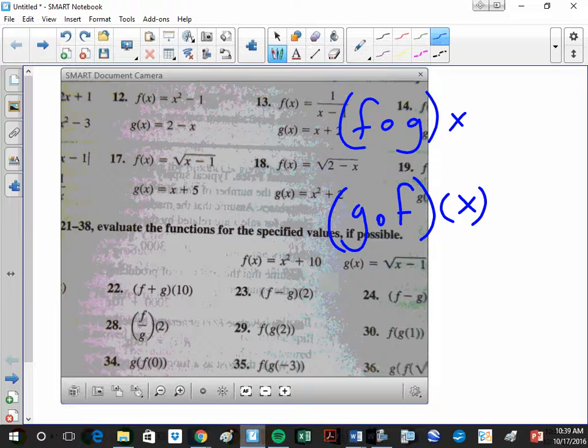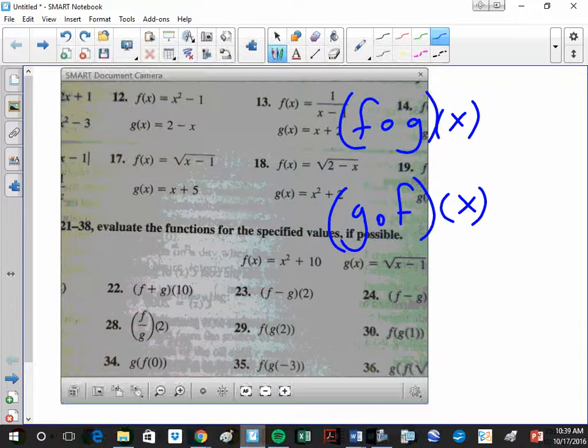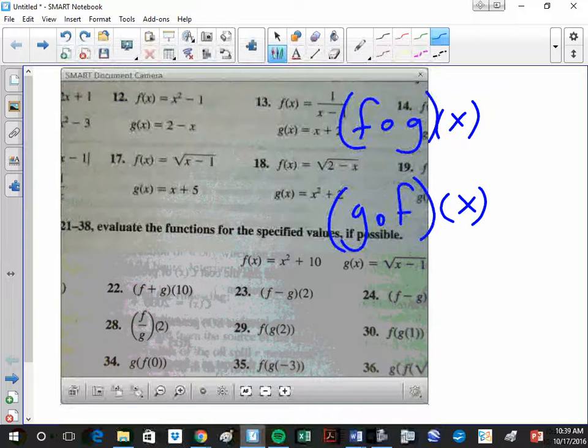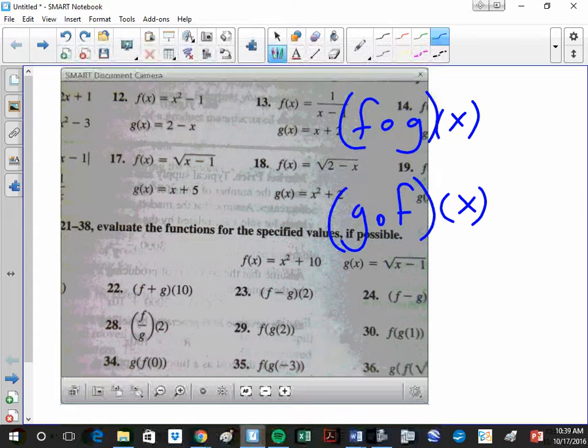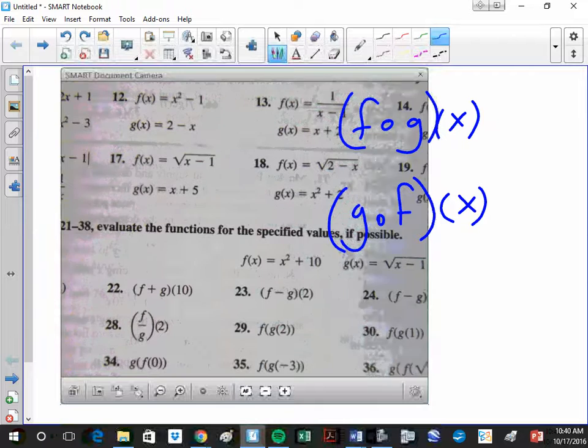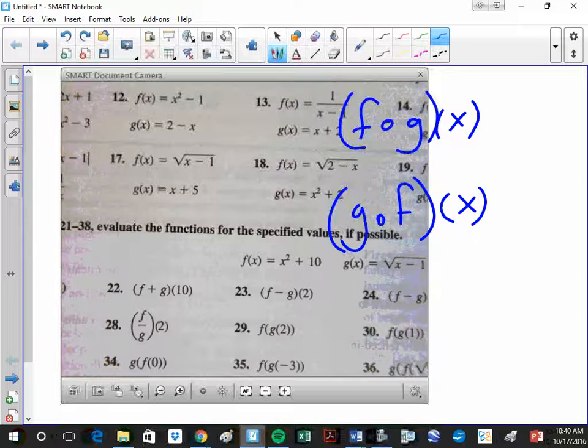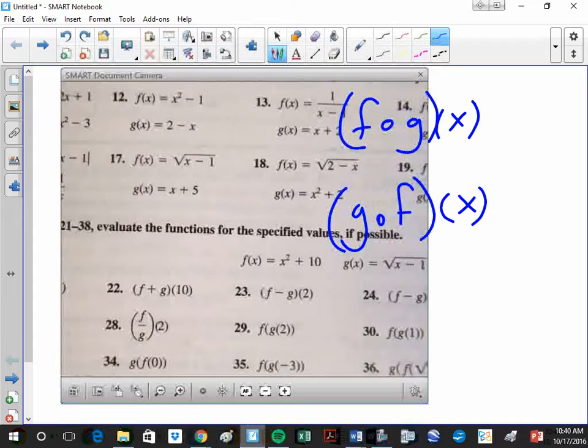A couple things I want to point out. Composition is an operation that only exists with functions. You guys understand addition, subtraction, multiplication, and division. Those are just rules of how you combine things. We can add numbers, we can add functions. Composing is a function-specific operation.